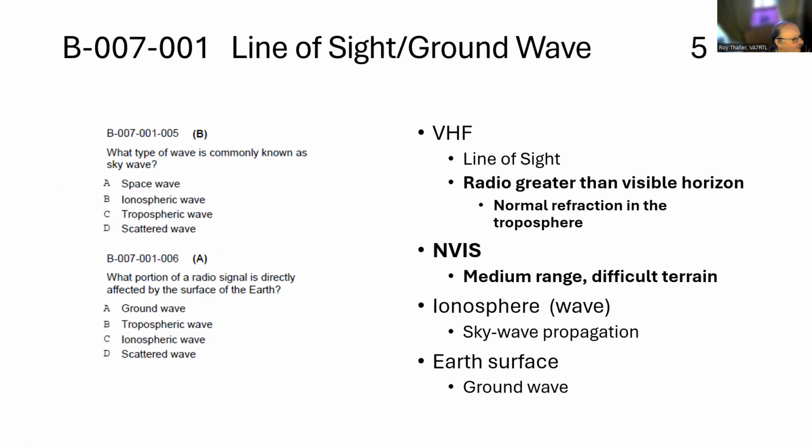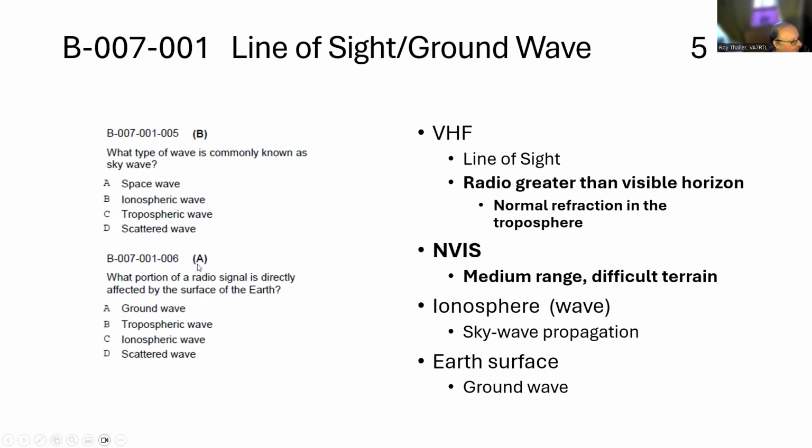What type of wave is commonly known as sky wave? Sky wave is related to the ionosphere, so B, ionospheric wave. What portion of a radio signal is directly affected by the surface of the Earth?